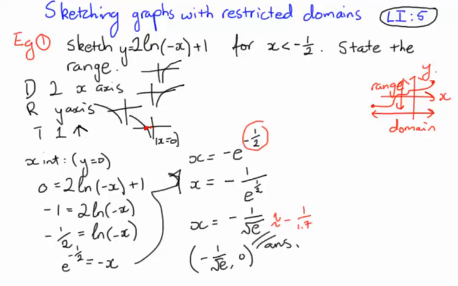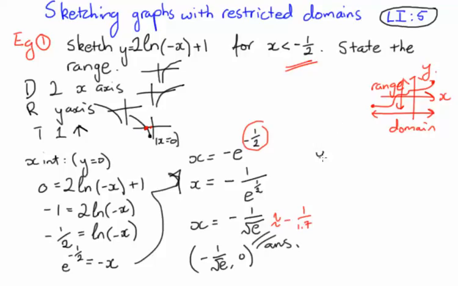So we know that we're going to have an endpoint just there, and we need to find the y value of our endpoint. So let's find the y value by subbing in x. Oh, sorry, that's the x-intercept. So we'll find the y value by subbing in this value of x here. We want the endpoint.